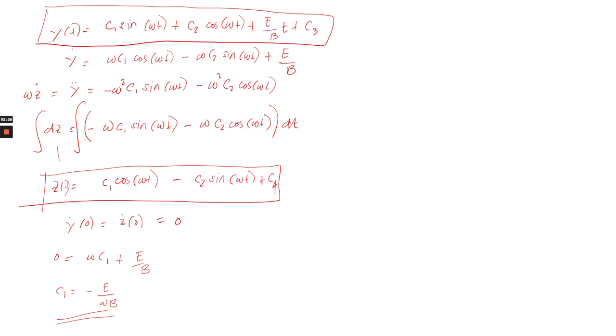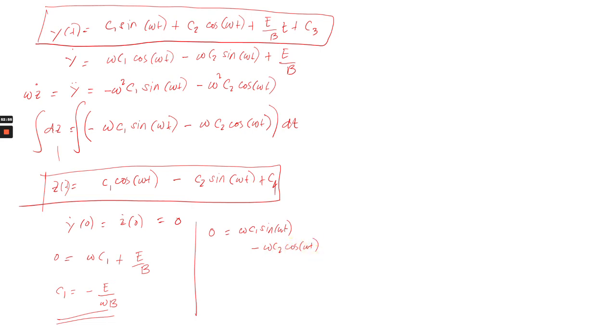Next is z dot. If you take the derivative of this with respect to time and then equate it to 0, you get 0 equals, okay, we have omega C1 sine omega t minus omega C2 cosine omega t.